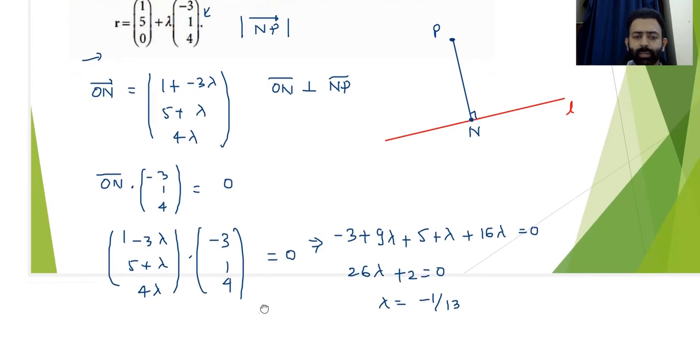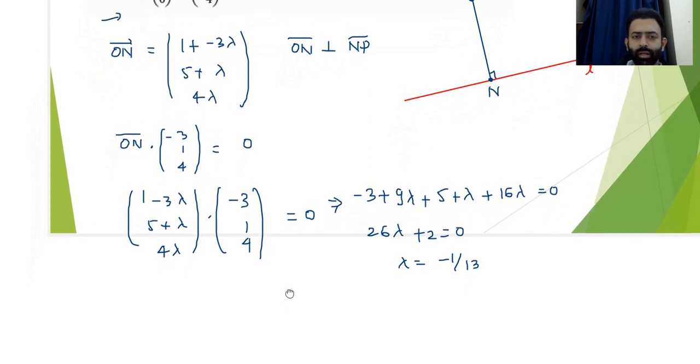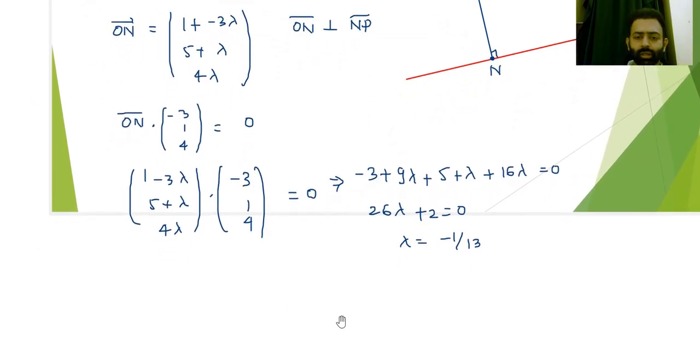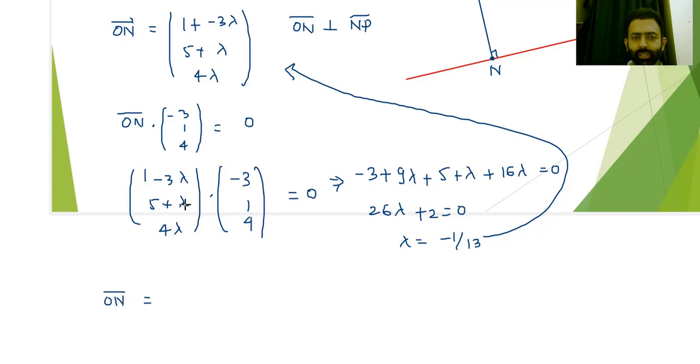The moment I get lambda as -1 over 13, I can put this value of lambda in vector ON. I get vector ON as 1 minus 3 lambda, so this is 1 minus minus is plus, so this is 3 by 13. Then 5 plus lambda means 5 minus 1 by 13.